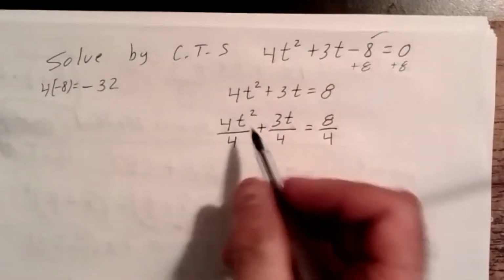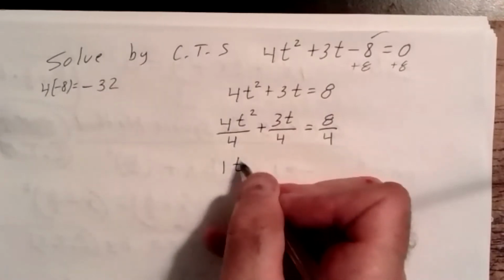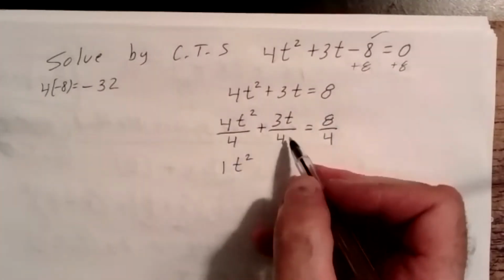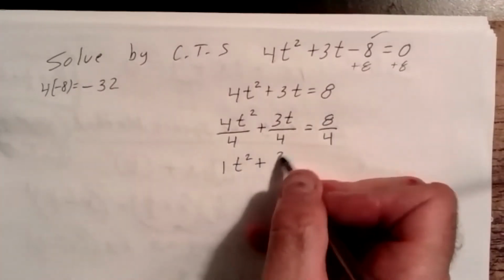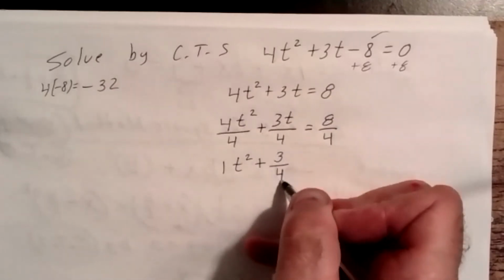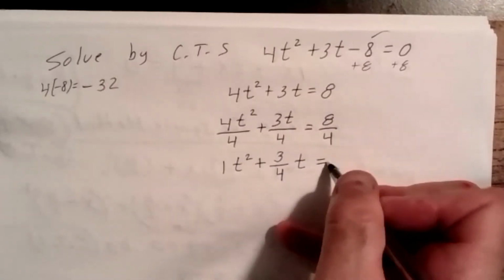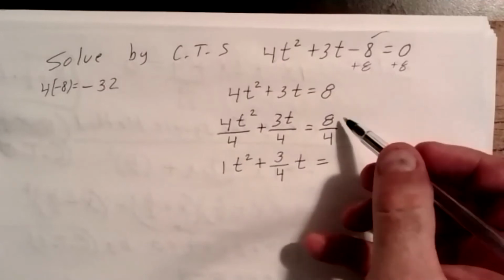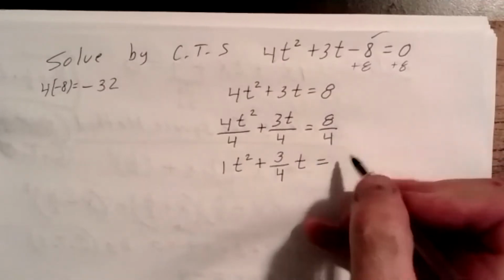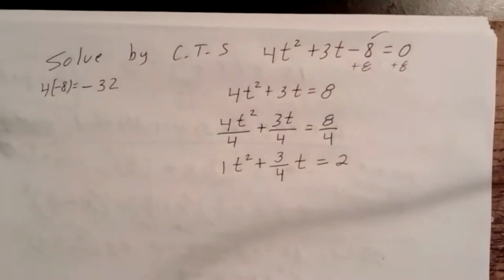Now, 4t squared divided by 4 now is 1t squared, and that's what we wanted, 1 in front of t squared. Unfortunately, we've created a monster here in front of t. Now we got 3/4. Hey, look at it, got a little bonus on the right side. 8 is evenly divisible by 4 to take it down to 2. Please do not convert fractions into decimals. You think fractions are messy.